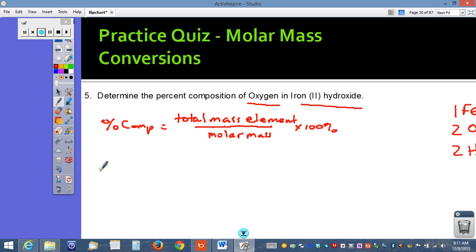So I'm going to go back to my number 2 problem and find out what was the total mass of oxygen and what was the molar mass of iron 2 hydroxide.